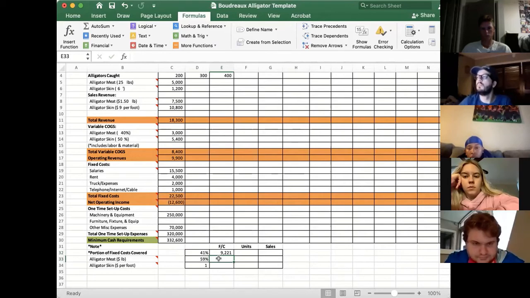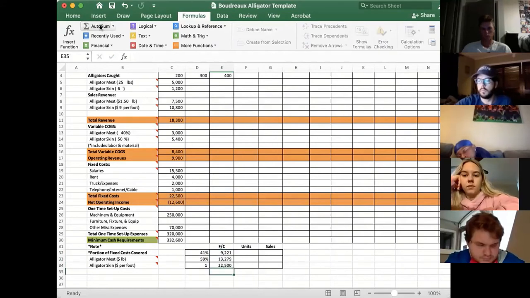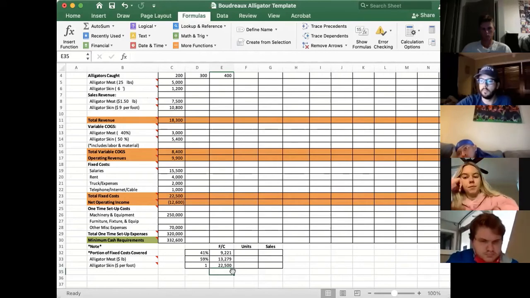And then we look at the skins, and what we do is we say the total fixed cost times 59. As a check, you sum it, and it should equal the total fixed cost of 22.5. And it does.